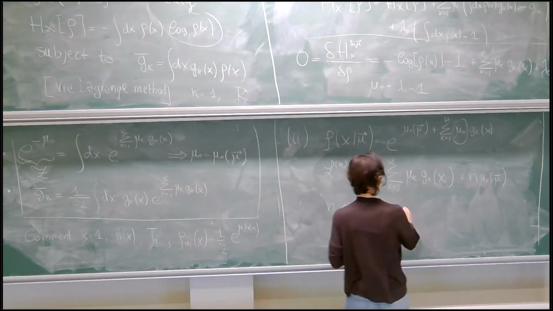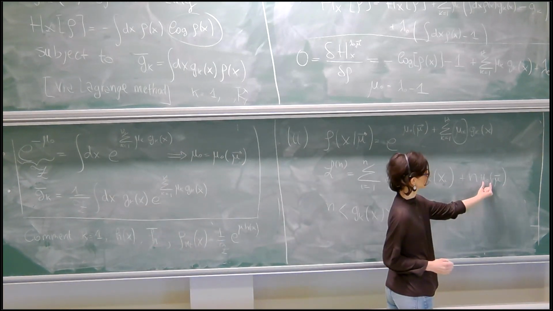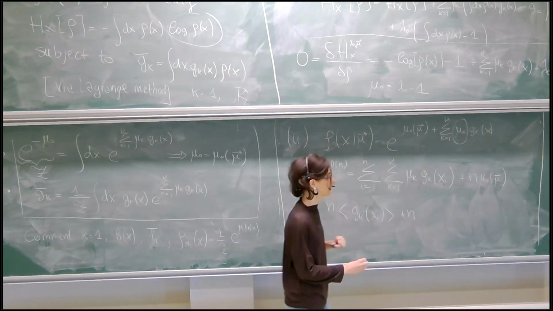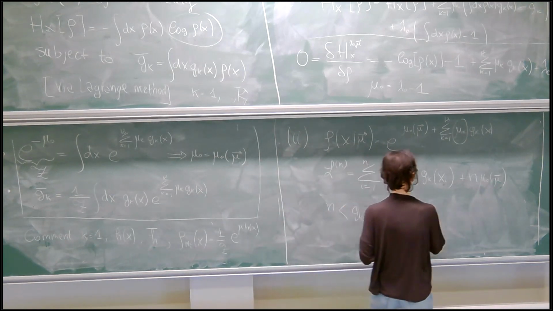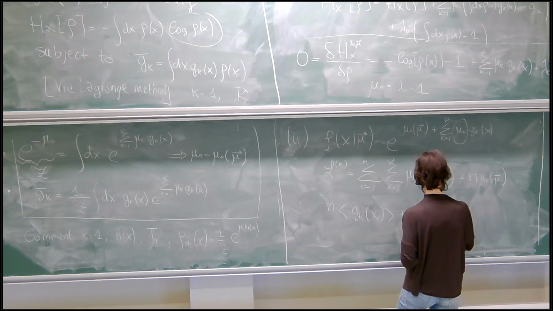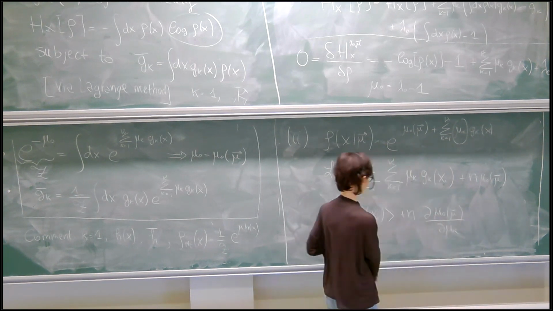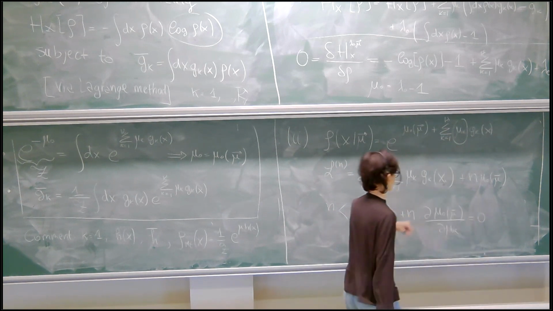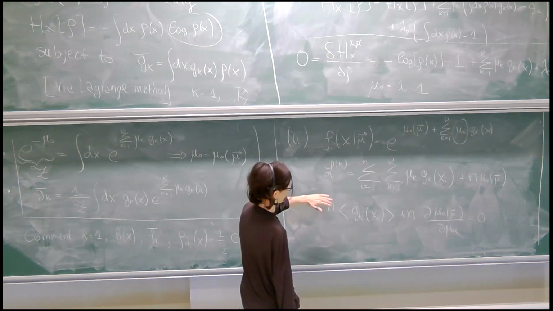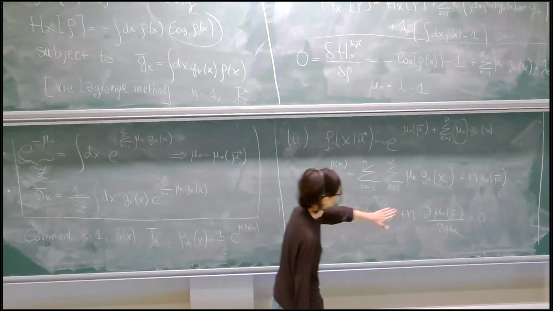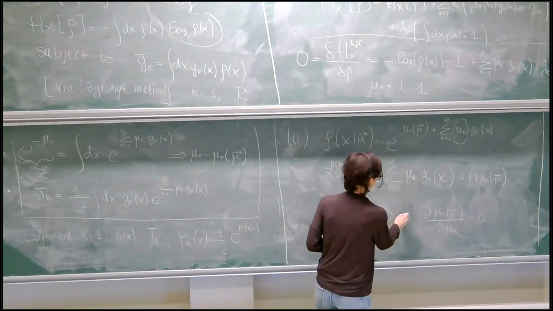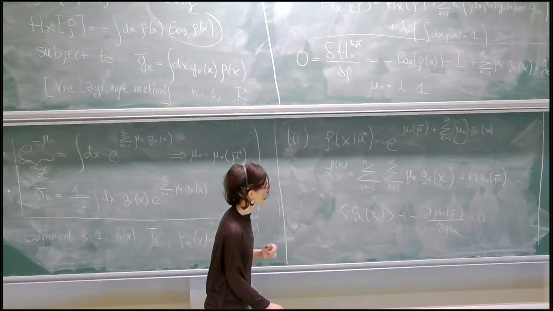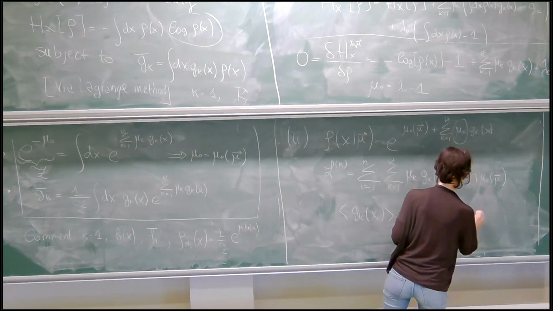And on the right-hand side, I have to remember that this normalization depends on all of my parameters mu k. So I have a derivative of mu0 of mu with respect to mu k. And this I have to impose equal to 0. So you see that this gives me the following equation. I cancel a factor of n, and I bring one term to the other side, and I get these equations.